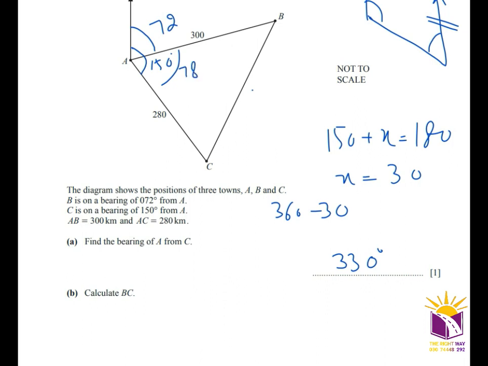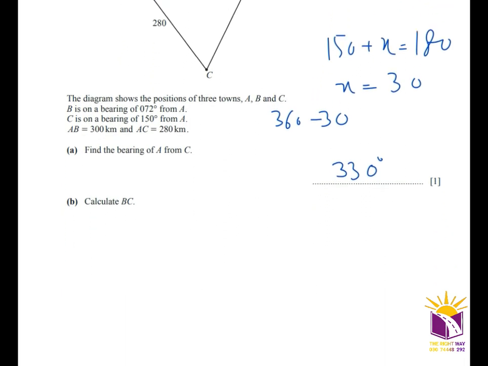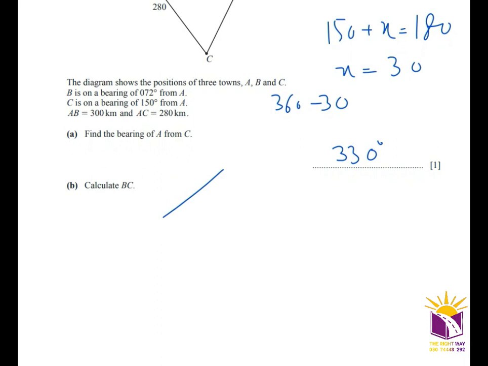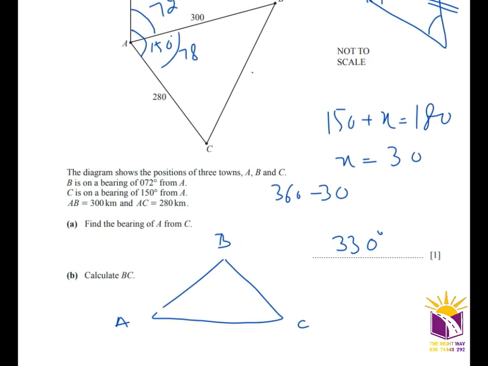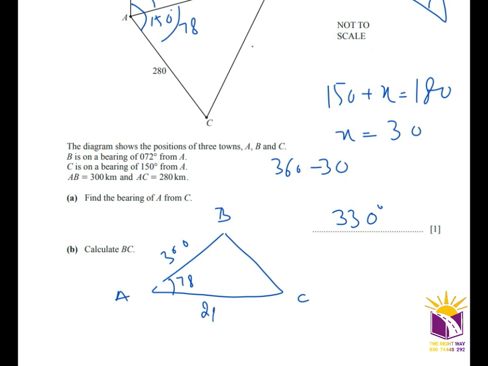This angle is 78 degree. I am drawing this triangle A, C and B, where AB is 300 and the angle at A is 78, where this is 280, and I have to find the value of BC.